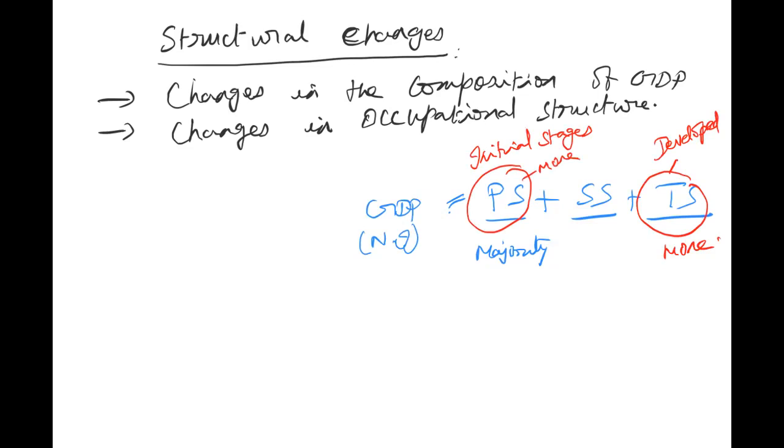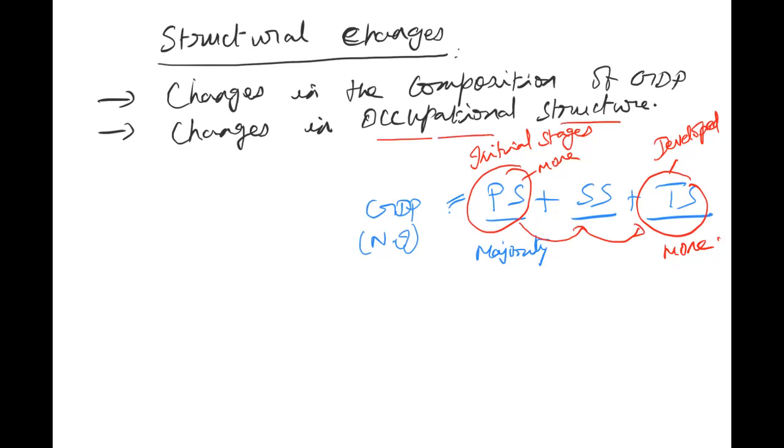In the developed stages, it moves to the secondary sector, the second stage of development, and then in the third stage, the contribution made by the tertiary sector will be more. Percentage-wise, the contribution of the tertiary sector will be more, and simultaneously the contribution by the primary sector will keep on decreasing. So the country should initiate those changes, and the same goes for the occupational structure also.